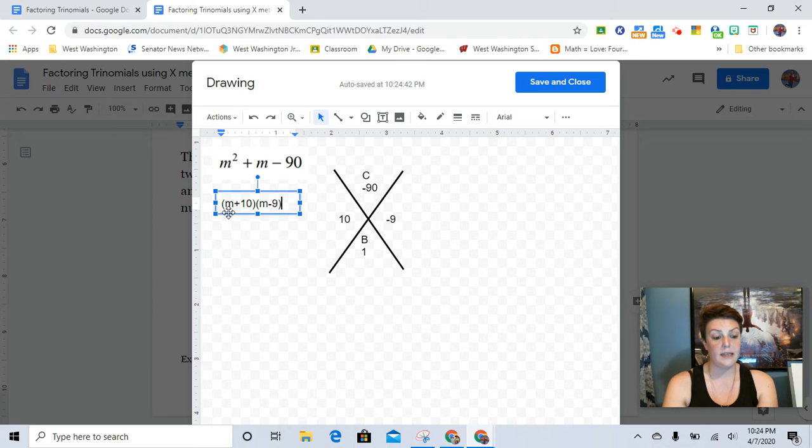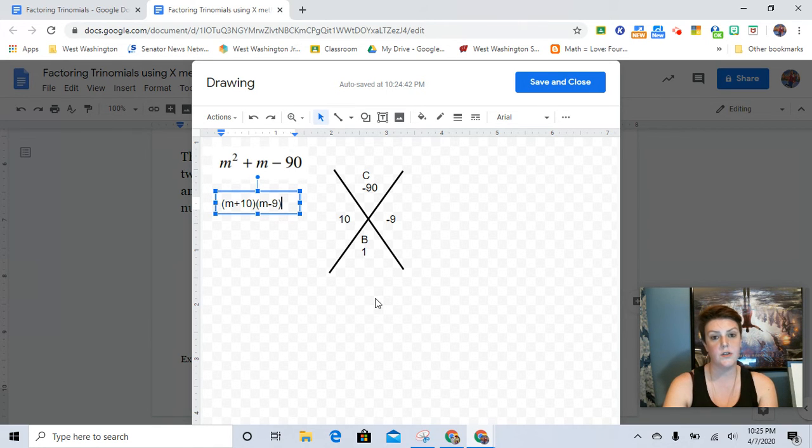So here, if we went m times m, we would get m squared. M times negative 9 is negative 9m. M times positive 10 is positive 10m. So 10m minus 9m is 1m. And 10 times negative 9 is negative 90.